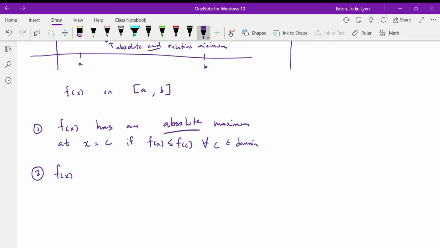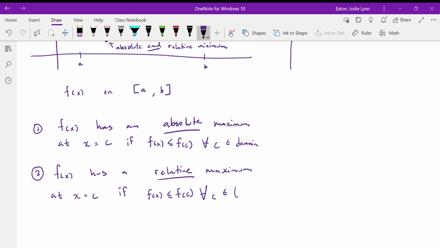So you'd say f of x has a relative maximum at x equals c if f of x is less than or equal to f of c for all x that are in an interval (a, b) such that, you'll see this abbreviation sometimes, c is also in (a, b).